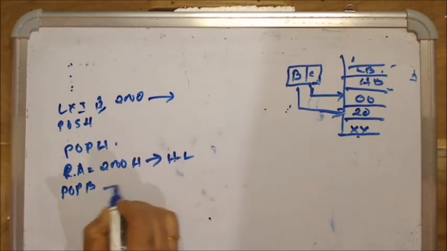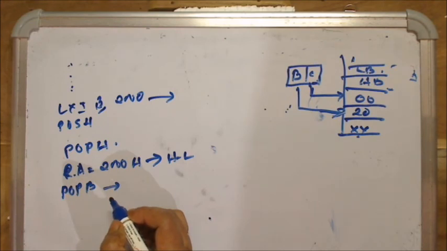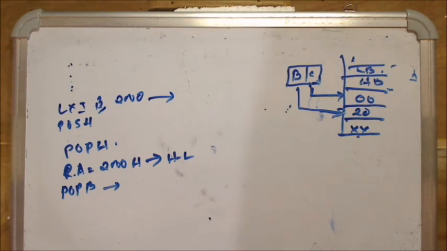Okay. So POP B, get the parameter into the register pair BC.